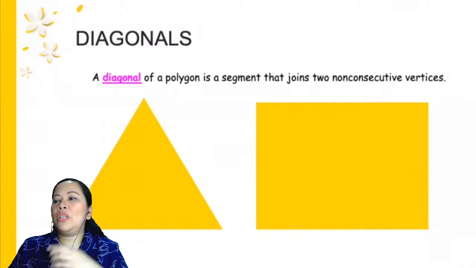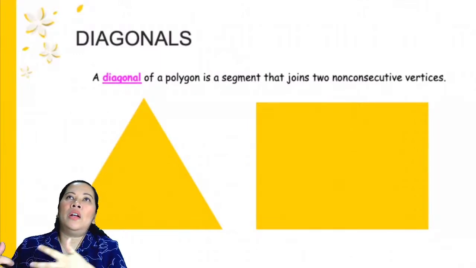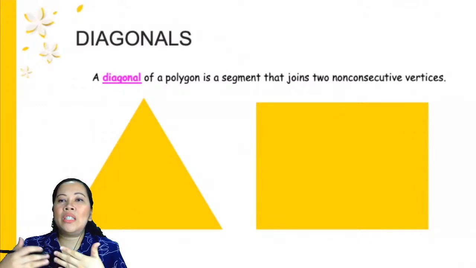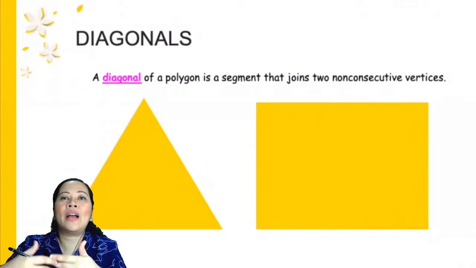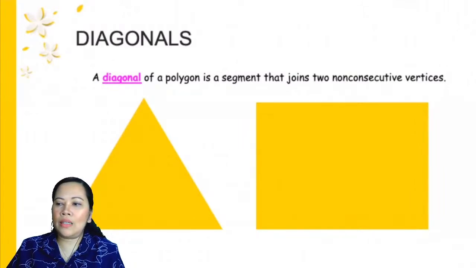Okay, so if we say non-consecutive, that means it's not coming from, or it's not the next line, or not the next side. So, dili siya pasunod, or hindi siya the next one. In a triangle, there are no non-consecutive vertices. Why? Because the consecutive of this vertex is this or this.